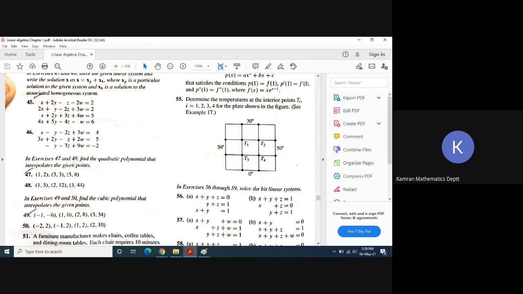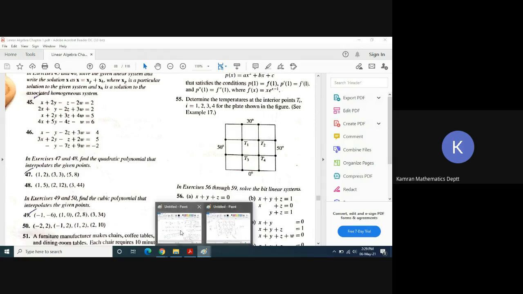In exercise 47 and 48, find a quadratic polynomial that interpolates the given points. So we need to find a second degree polynomial which passes through these 3 points.